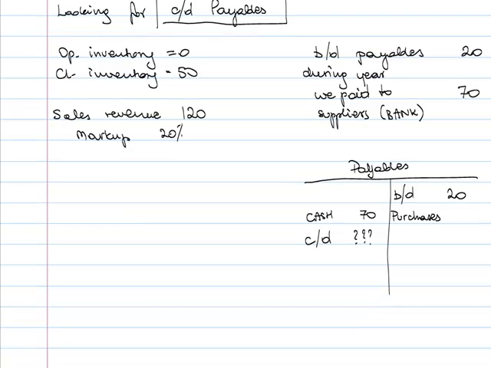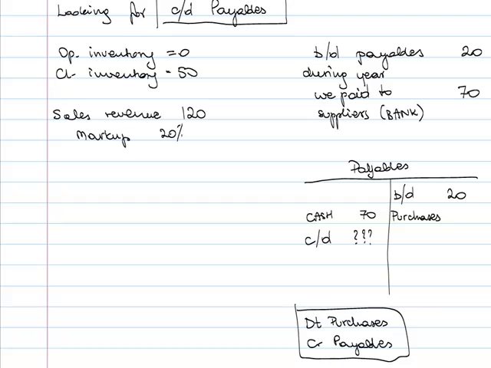Again, as I told you before, we know that certain accounting entries always go in the same way. We know that there is an entry that goes debit purchases, credit payables. So if we have that credit, we will be able to derive the carried down balance.